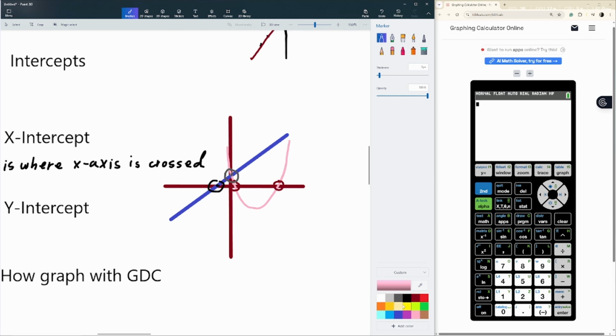Let's draw another graph. If I draw something like this, then you just have to understand where your y-axis is crossed. And that's exactly how to find it. So you can always say that the y-intercept is where the y-axis is crossed.